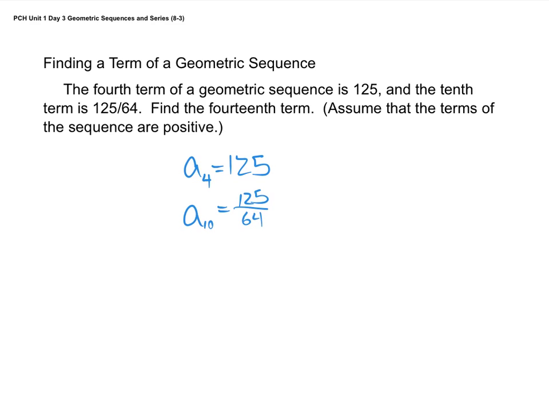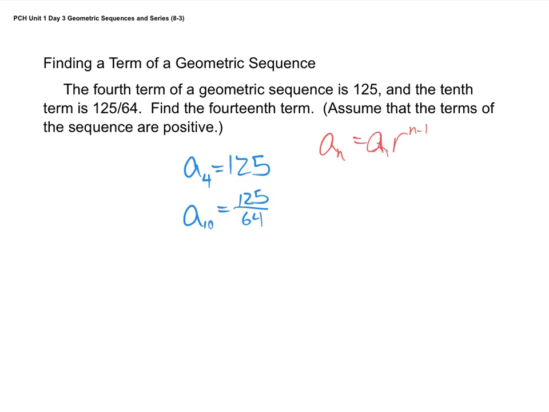You could do the same equation that we did before, where I had the n minus 1 in the exponent. Okay, so like using this form? Yeah, but then you're missing the r. Okay, well, we are missing the r, and that's the key.